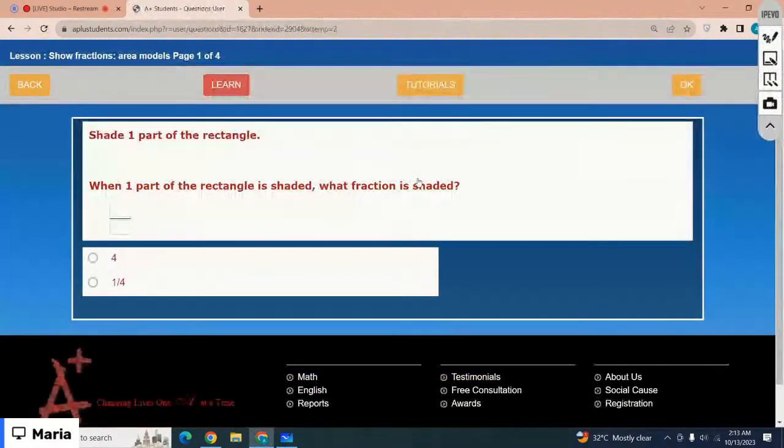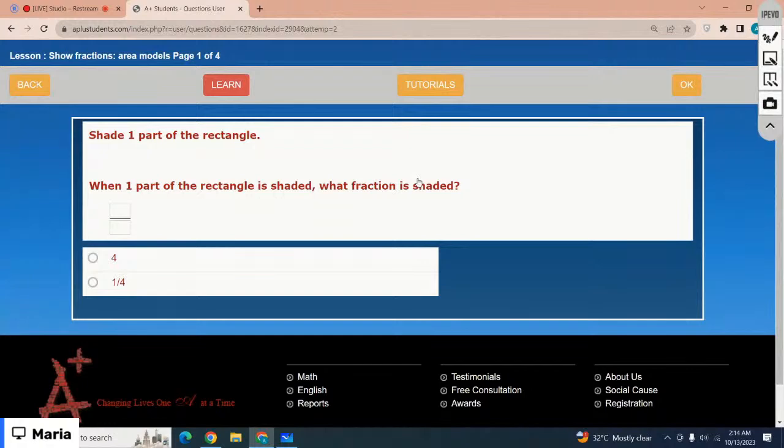Shade one part of the rectangle. When one part of the rectangle is shaded, what fraction is shaded? Which is the correct option? 1 out of 4. The rectangle has only two portions. Then how is it?